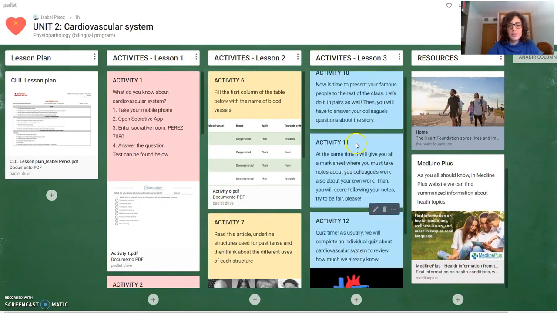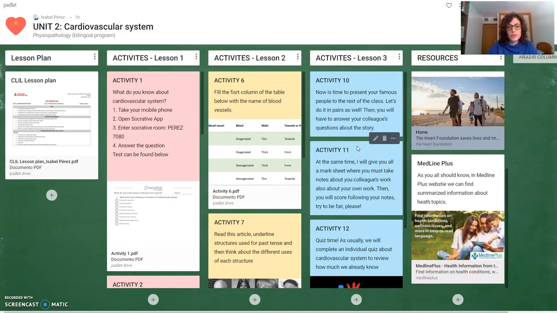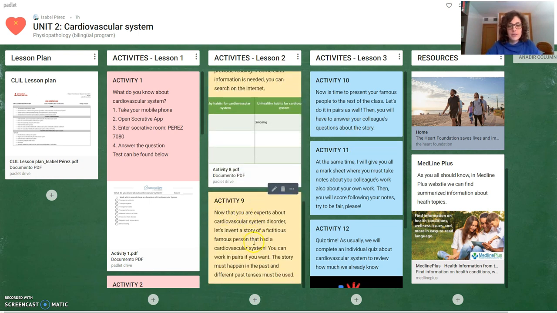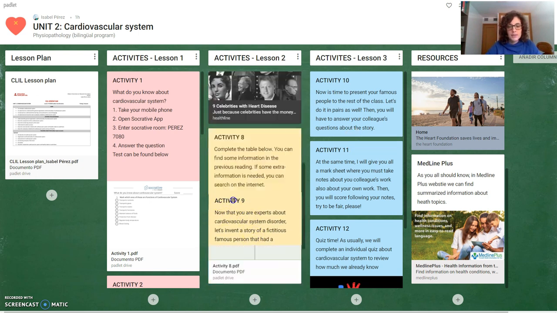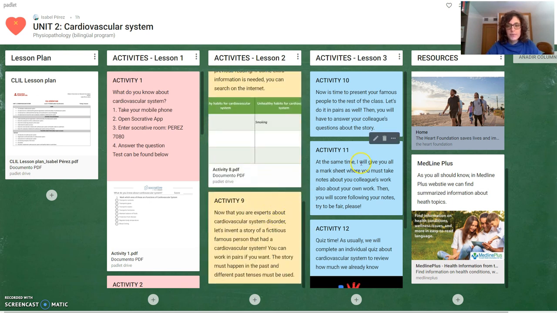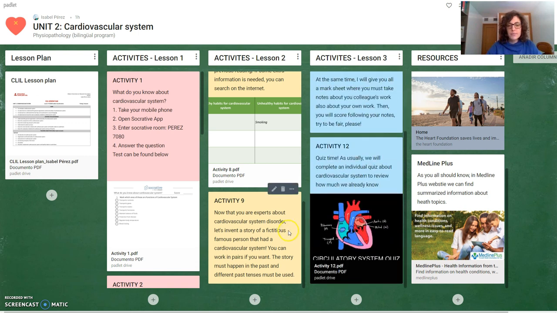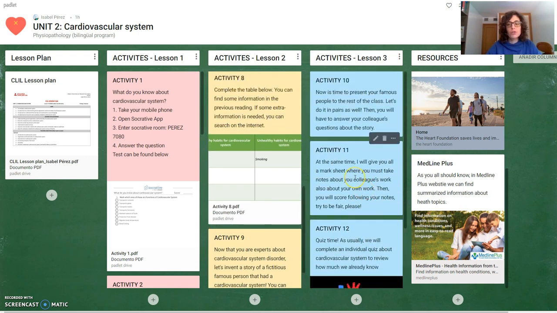And all the activities for me are important for the comprehension of the unit, but for sure I think that the stories activities, which are activity 9, activity 10 and activity 11, are the most complete activities for them, because they are supposed to put all the information into practice.